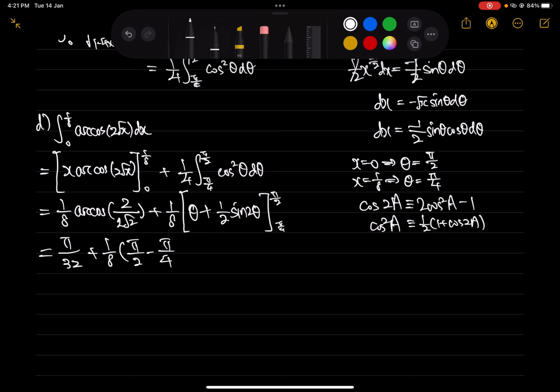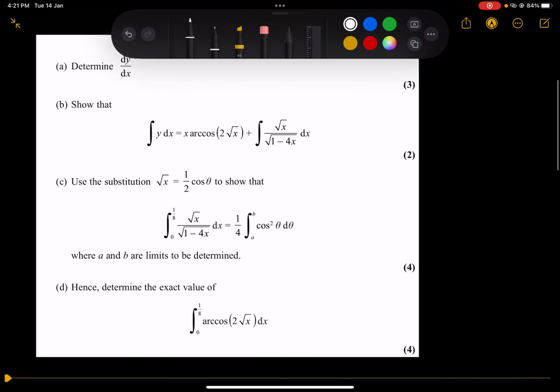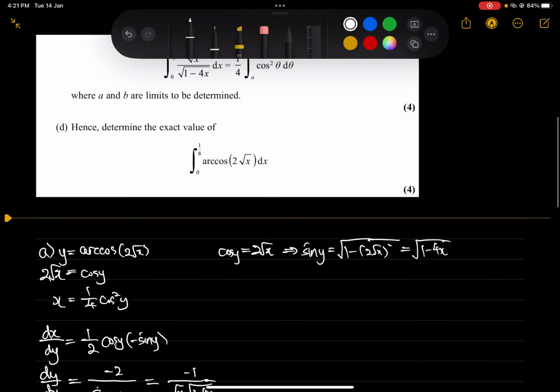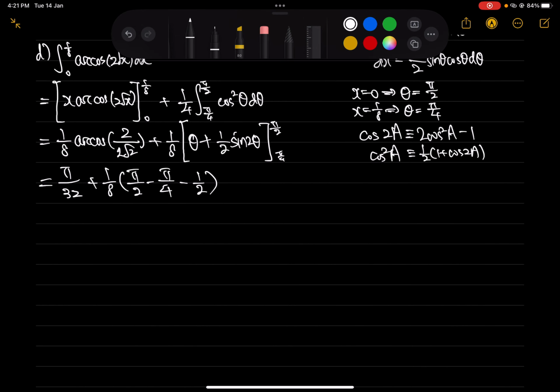And then let me think about this. Sine of pi over 2 is 1, so minus 1 over 2. And yeah, that's a weird one. That's a plus, so that's also a plus. So we have, that's pi over 4, and that's 1 over 16.